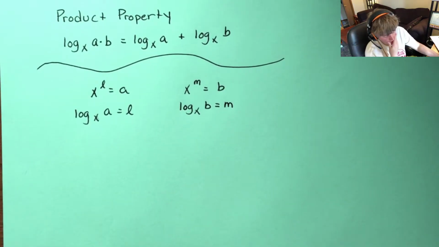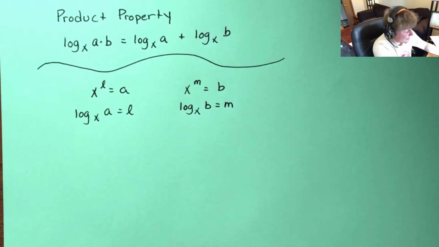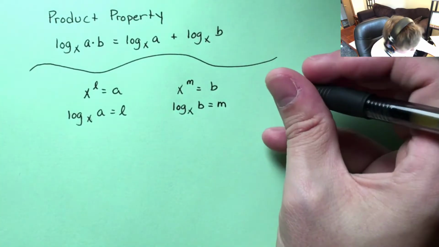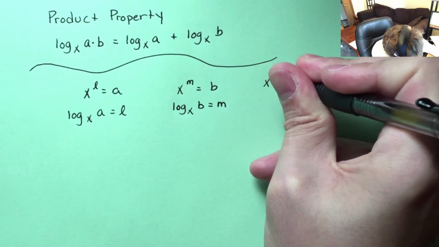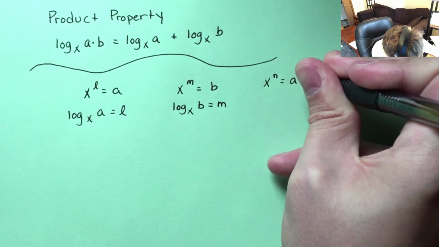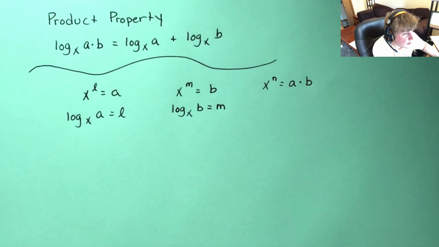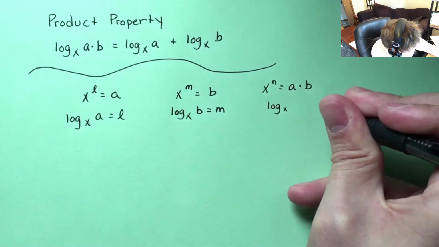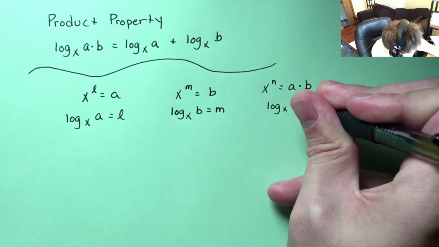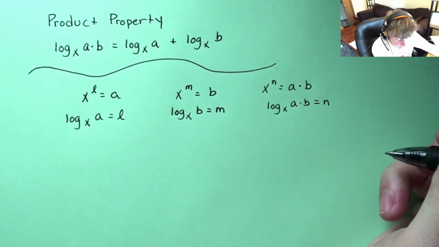I'm going to even set up a third one here. I'm going to say that x to the n power is equal to a times b. So if I have logarithm base x of a times b, that's going to be equal to n.